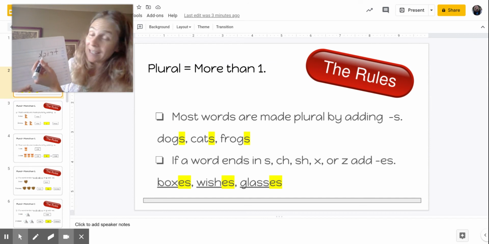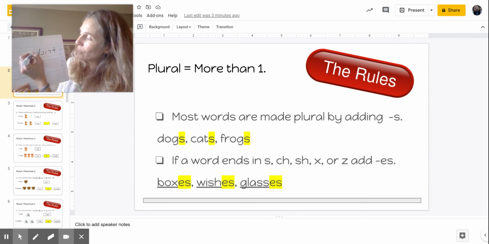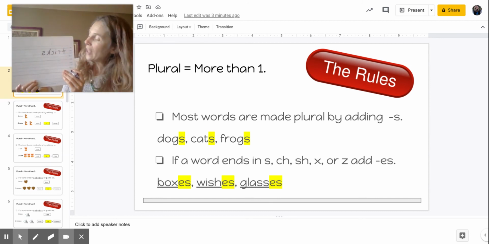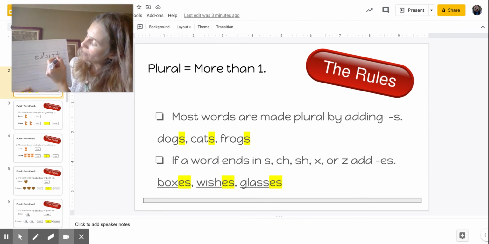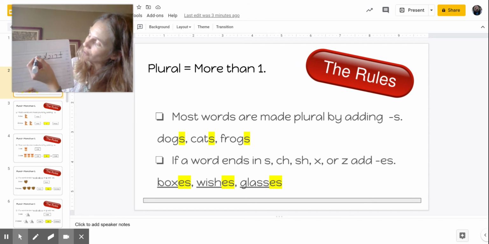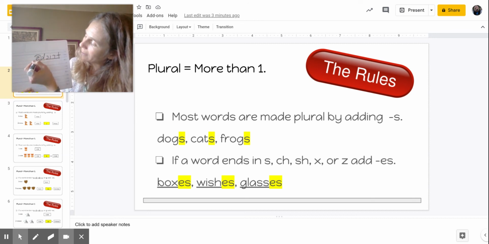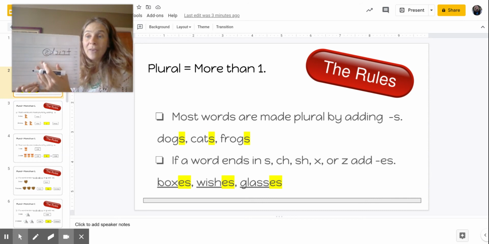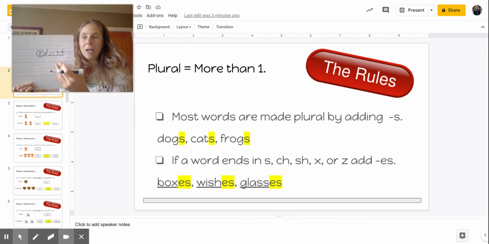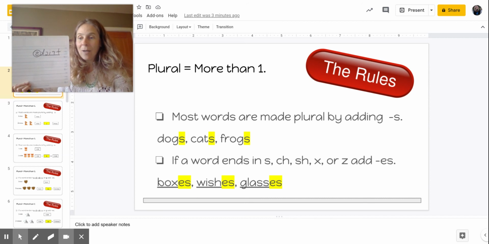Mine ends in CK, so I'm just going to add an S. Tricks. And then to mark this word, I'm going to underline my base word and circle my suffix. So I know that that's my suffix. So I've got tricks. Great.